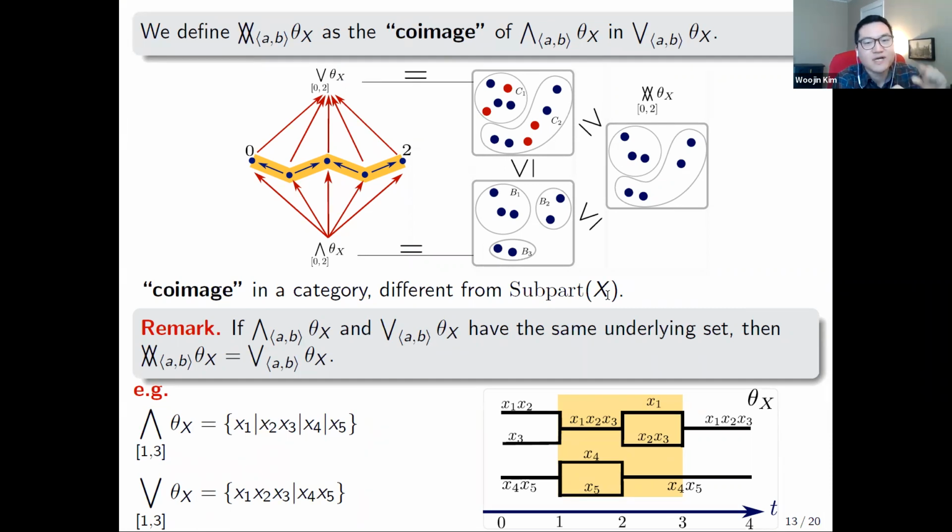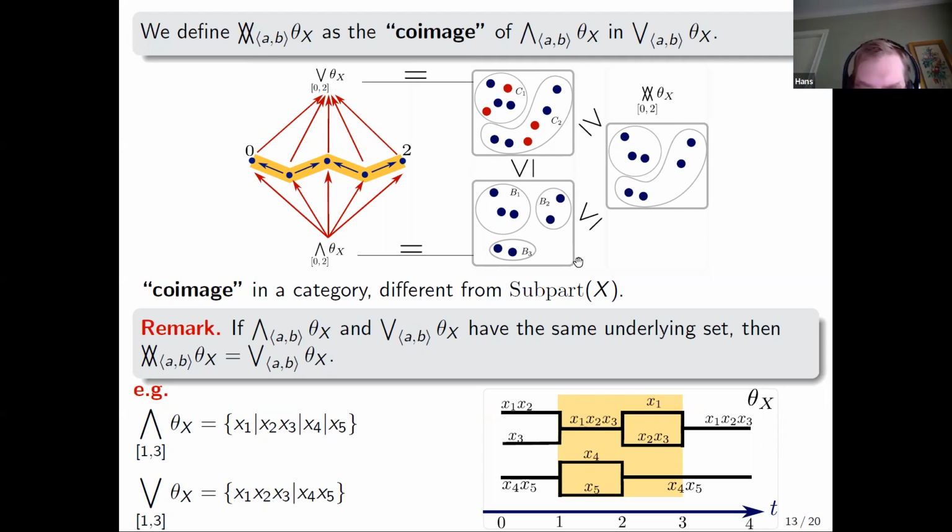That means that if 2 elements are in the same block in the domain, then they must also be in the same block in the image partition. That is the category that we consider, which contains subpartitions of X, and we computed the co-image in that category.